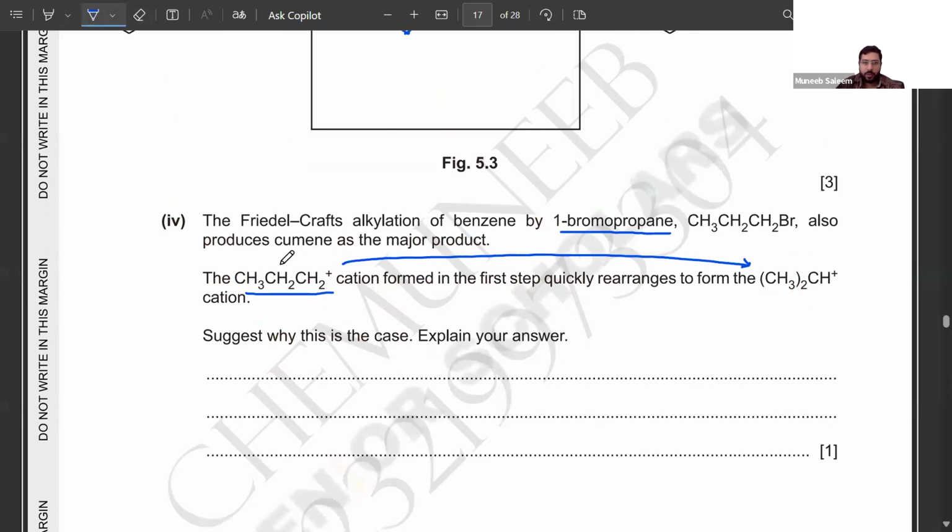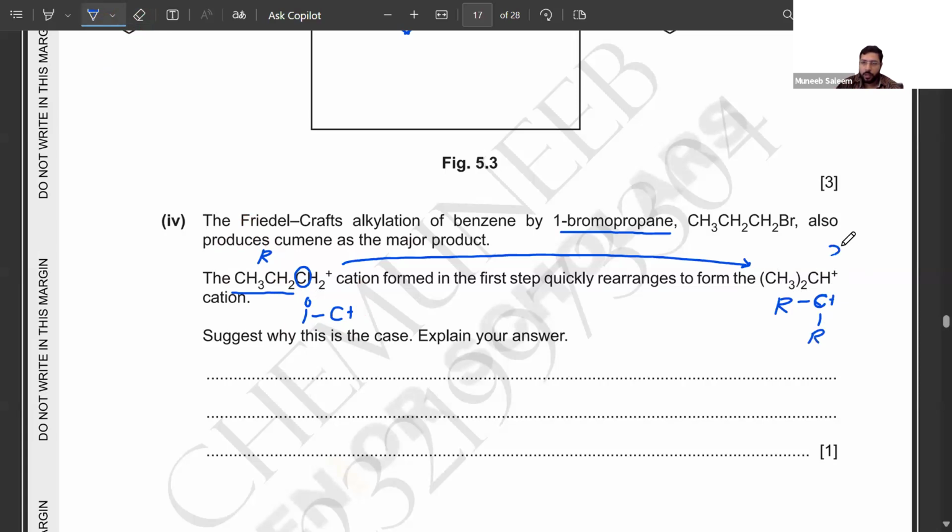We can see that in the case of this initial compound, the positively charged carbon, which is called a carbocation, had only one alkyl group. This is the alkyl group CH3CH2 bonded with this, which we call a primary carbocation, in which only one alkyl group is bonded to the carbocation. Whereas in this case, we have the carbocation bonded with two alkyl groups.